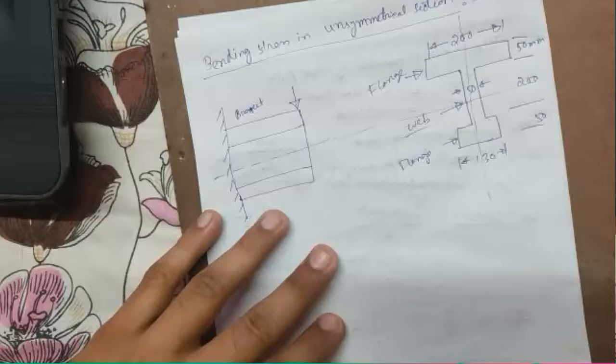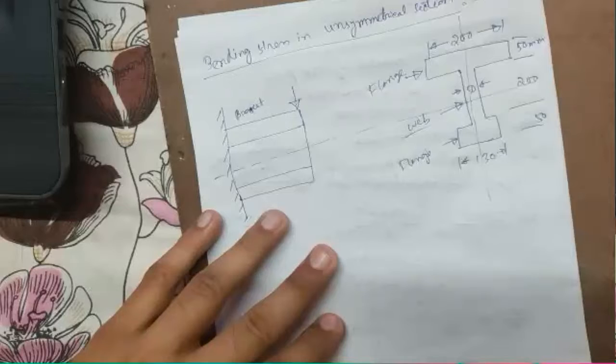So the section is symmetrical about the y-axis. That means x bar, the coordinate of the centroid of the cross section, is not to be found out.